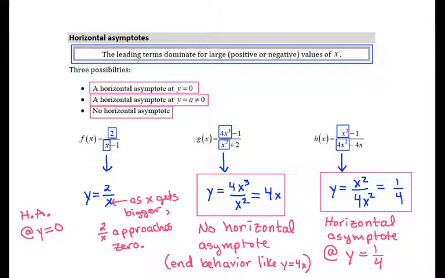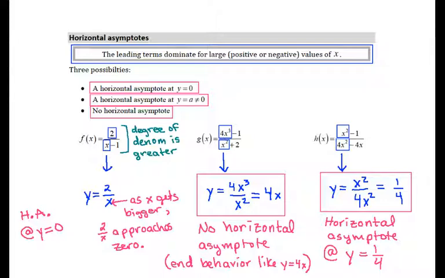So I can look at all three of these now and characterize them. And the characteristics that I describe right now are going to be true of all of these cases. The characteristic of my function f is that the degree in the denominator is bigger. When the degree of the denominator is greater, that means that the denominator grows faster than the numerator and the numbers get driven towards 0.